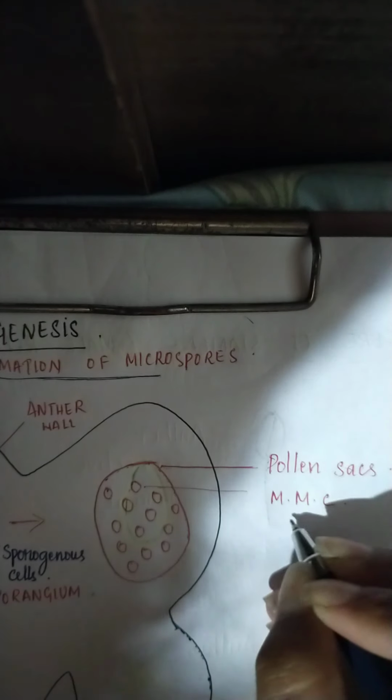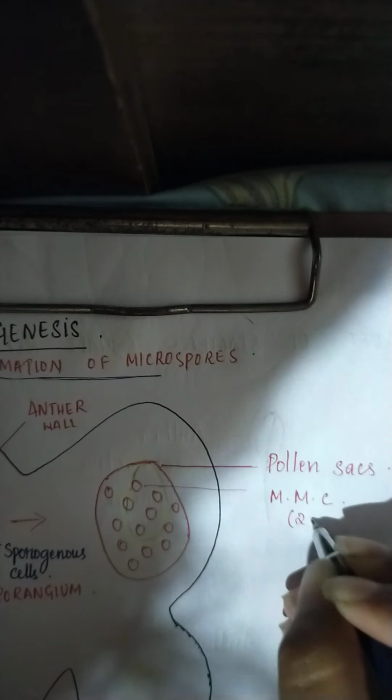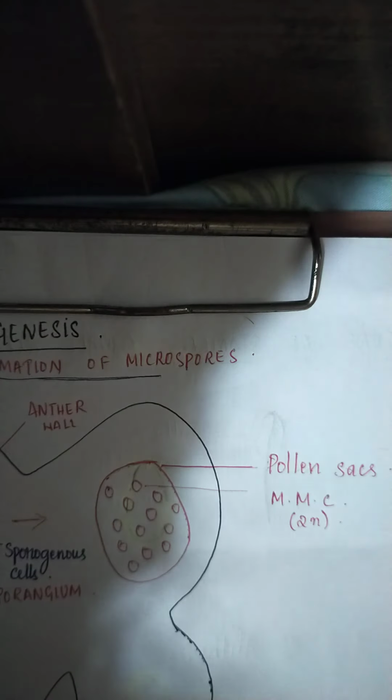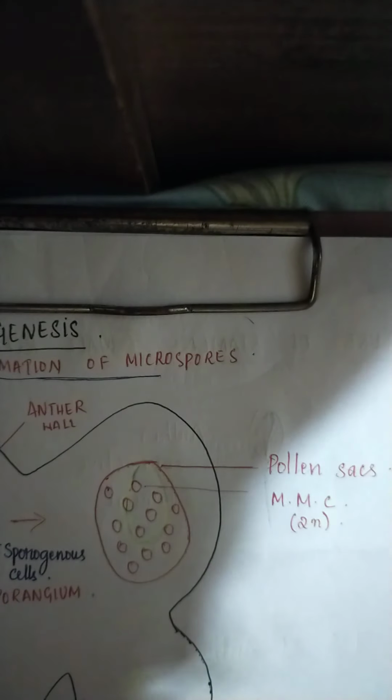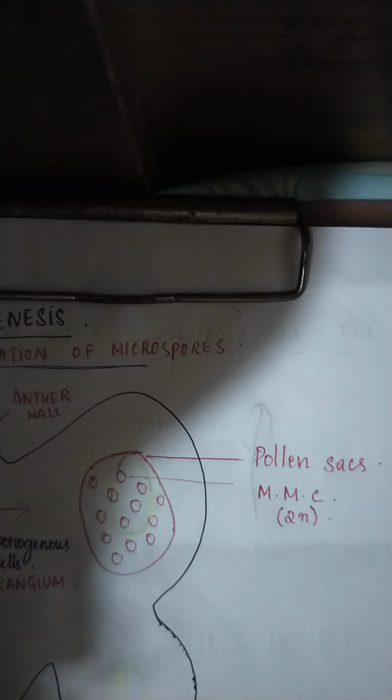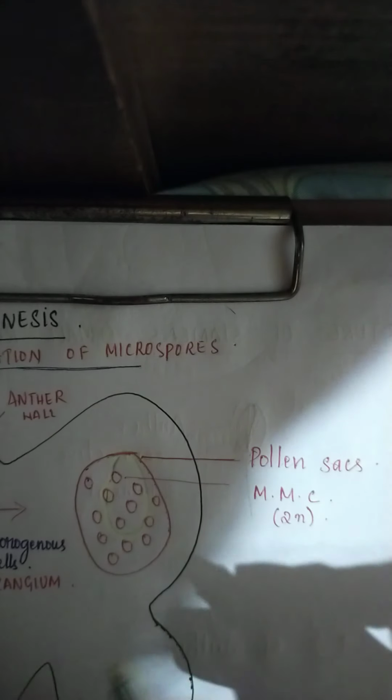These microspore mother cells are diploid. They are undergoing the process to become microspores.